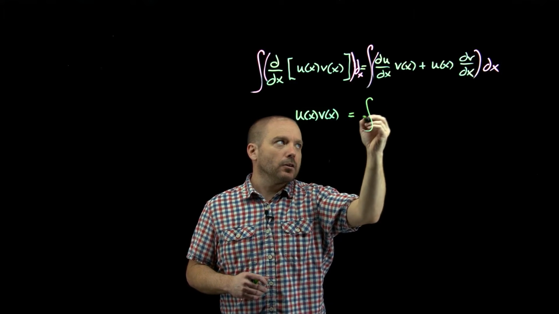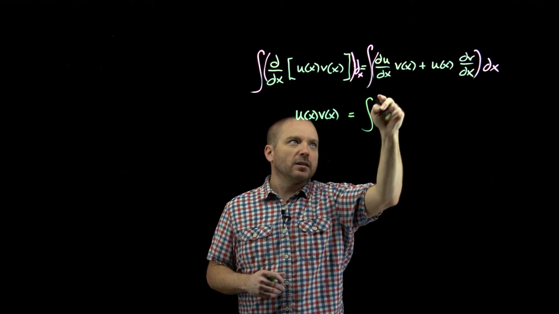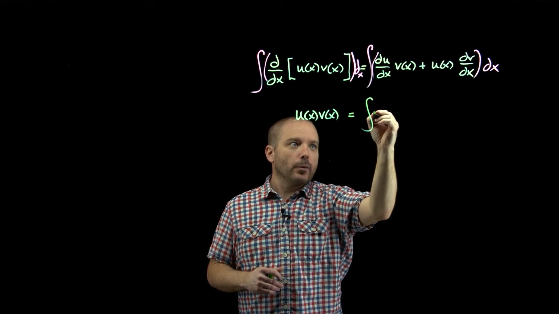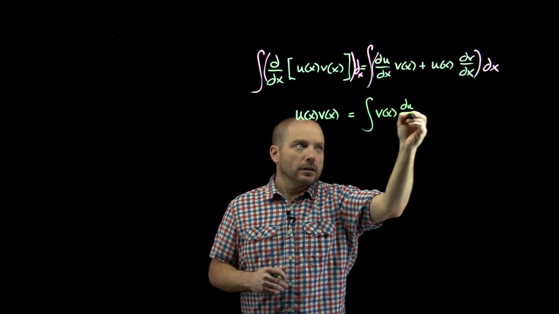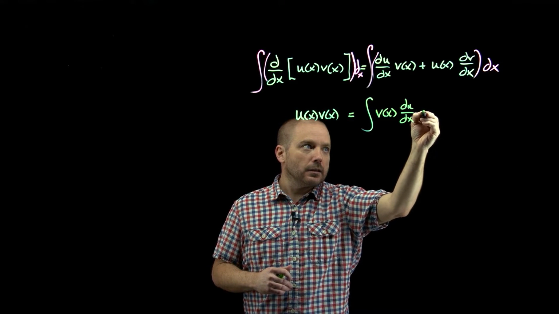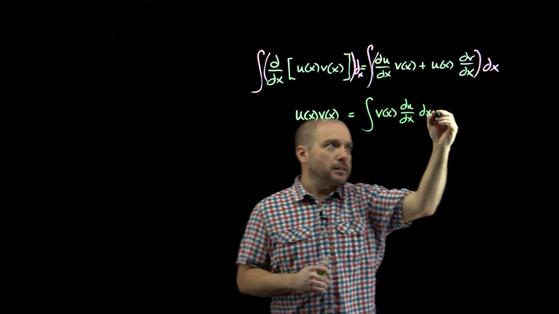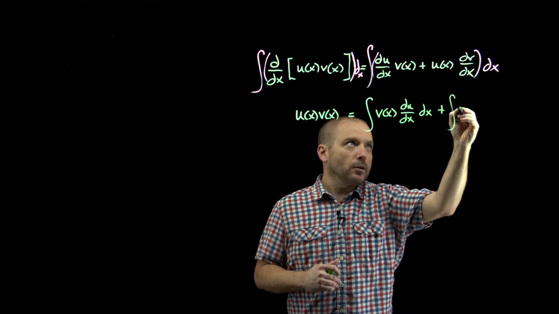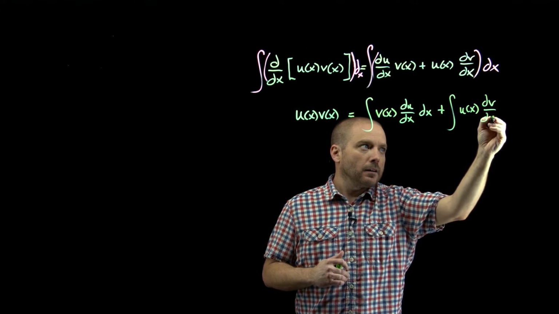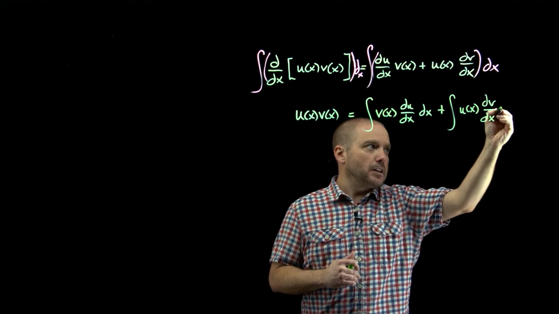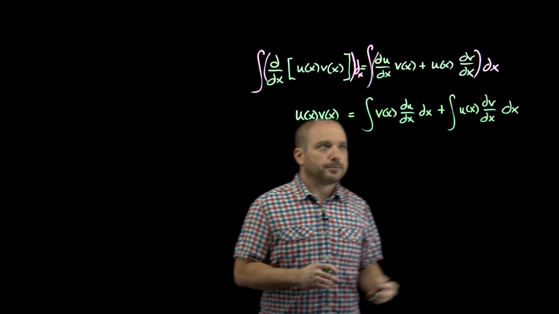I've got the integral here of, and I'm going to write this the other way around for reasons you'll see in just a second, du dx dx, plus the integral of u of x dv dx dx.